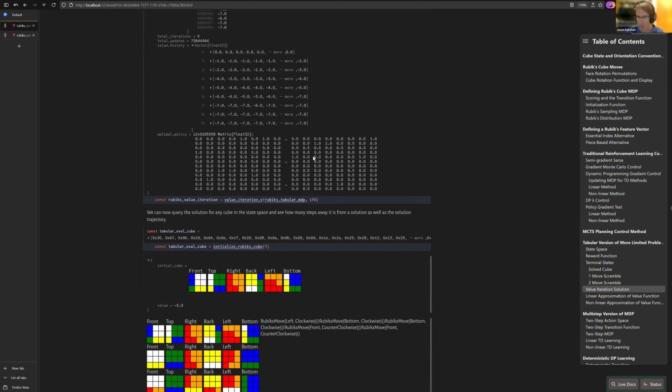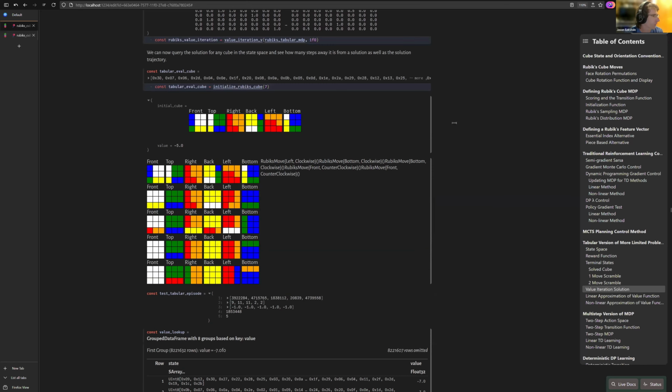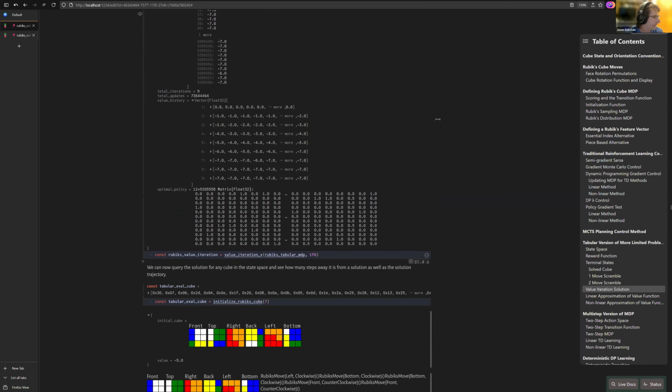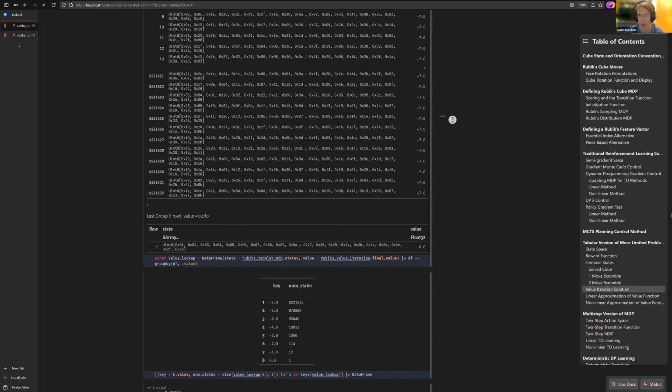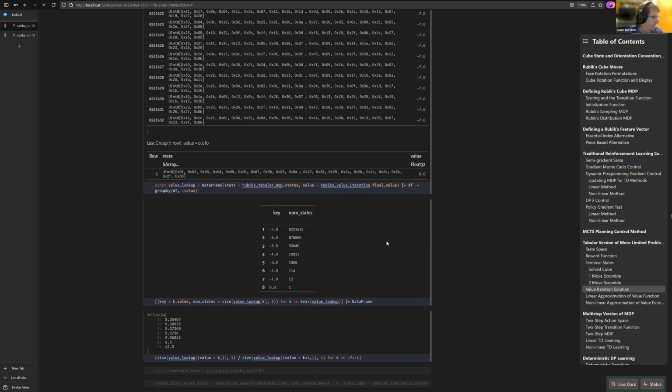But before we get into that, oh yeah, the other thing is once we have the solution, we can actually look at, for all of the states, how many of them are this many steps away from the solution, right? So obviously we already know there's 12 states that are 1 move away, and then 114 that are 2 moves away, and then 1068 that are 3 moves away.